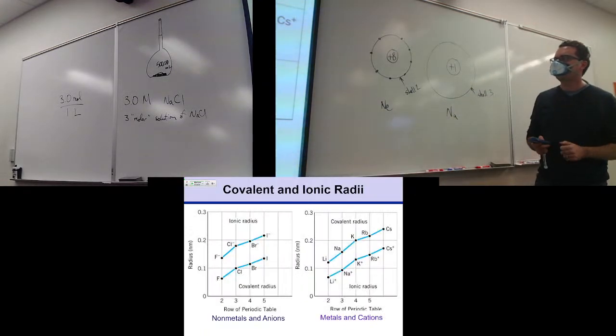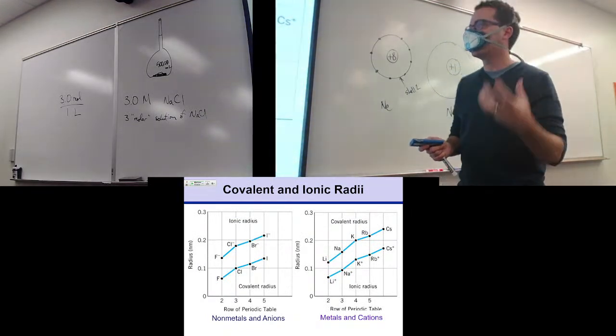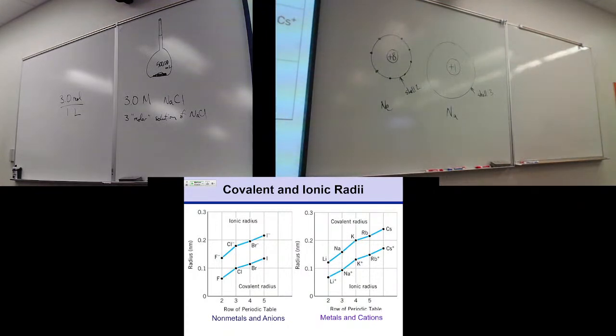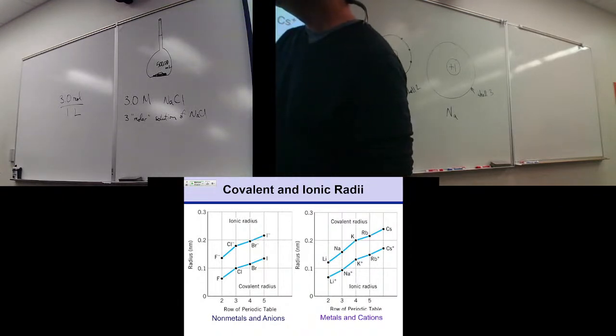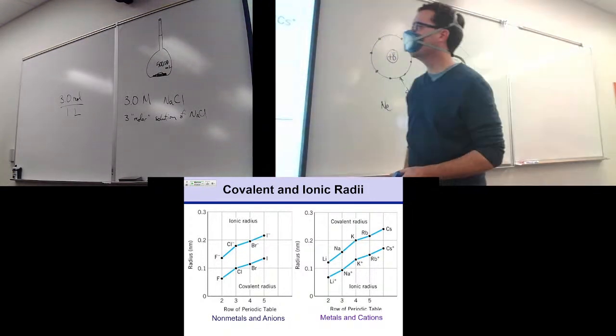Okay. And here is a nice little chart that shows the neutral atom versus the ion. Here you've got the halogens and their approximate size, covalent radius, in nanometers, and then this is the row that they're in. As soon as you add an electron to them, they get bigger. And it's a pretty consistent increase.